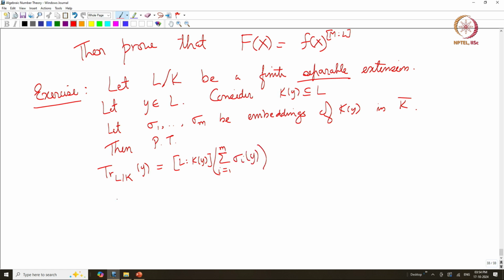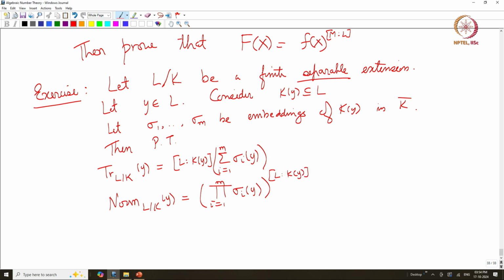So, maybe you may have seen this description, this definition of norm before or not, I do not know. So, the norm is the product i going from 1 to m. This is slightly more general or slightly different than what you may have seen before, if you saw the definition of norms and traces in terms of embeddings, but it amounts to the same thing.